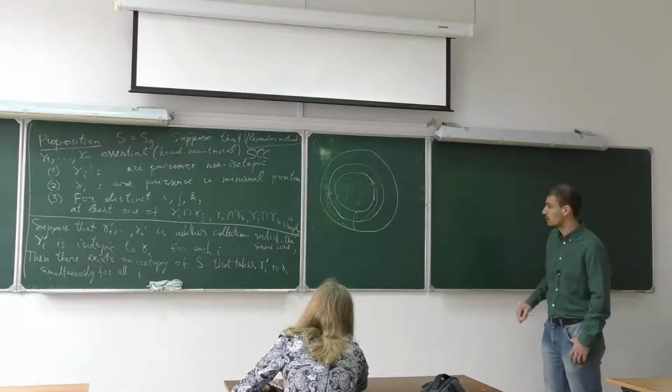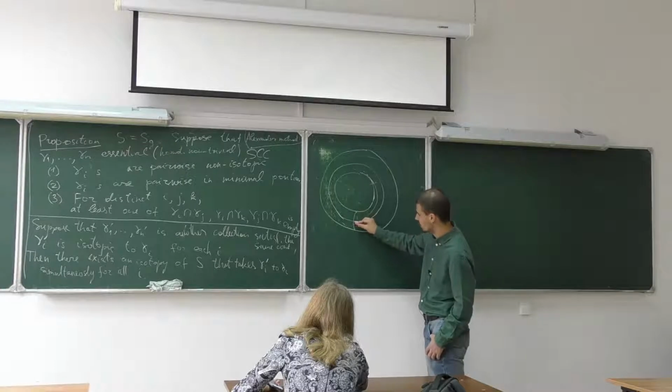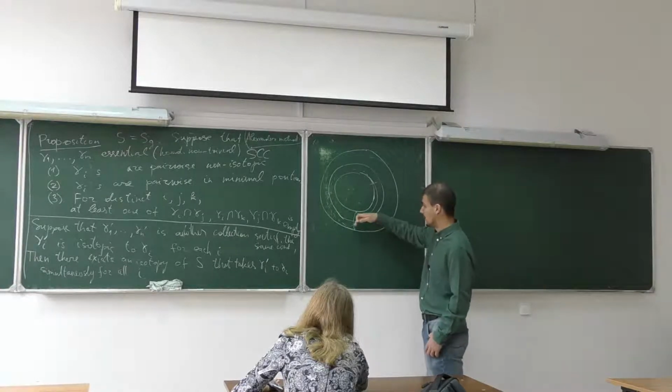every pair of them intersects, and we can easily make an isotopy of the red curve which changes the type of this triangle.